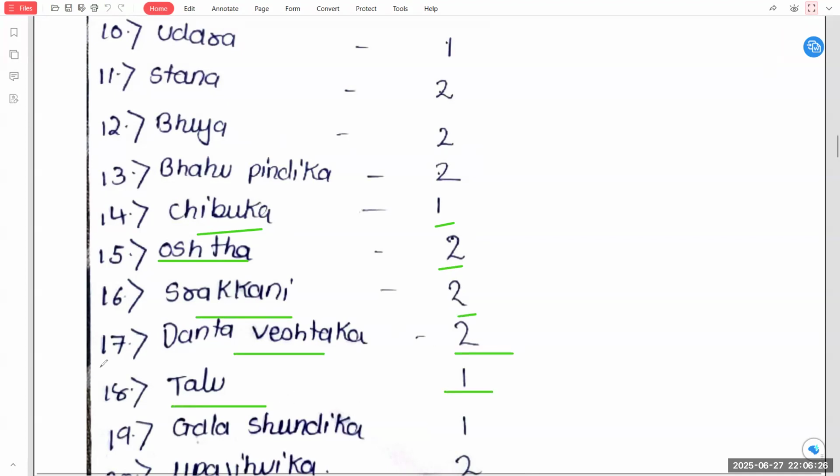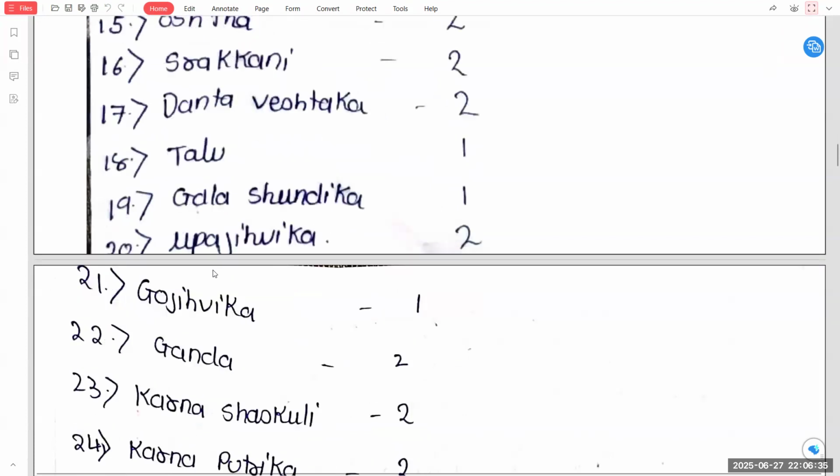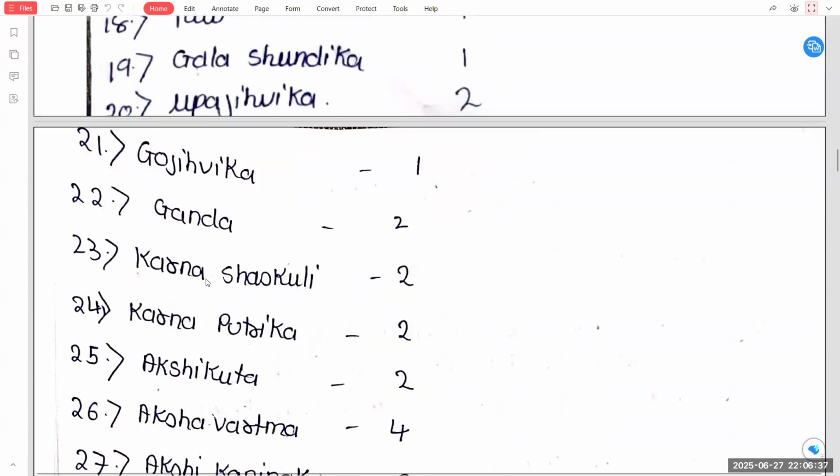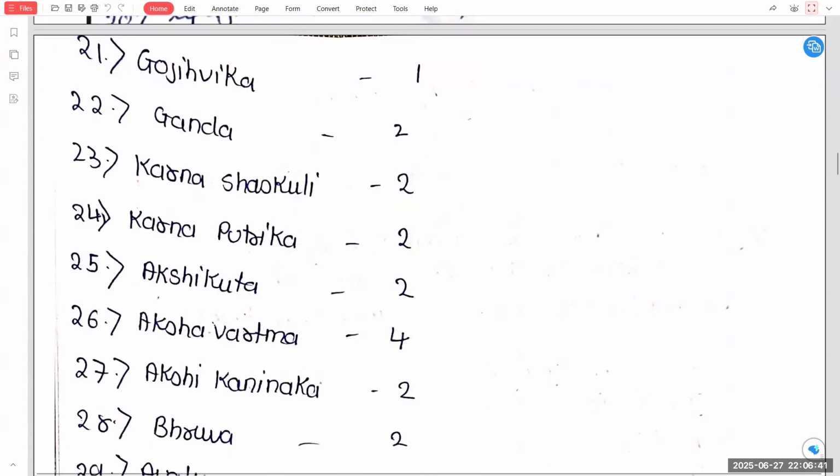Talu, that is the palate, is 1 in number. Then Galashundika is 1 and Upajivika is 2 in number. Next pratyanga is Gojivika, which is 1 in number. Ganda is 2 in number. Karna Sashkuli, that is the cochlea, are 2 in number. Karna Putrika are 2 in number.